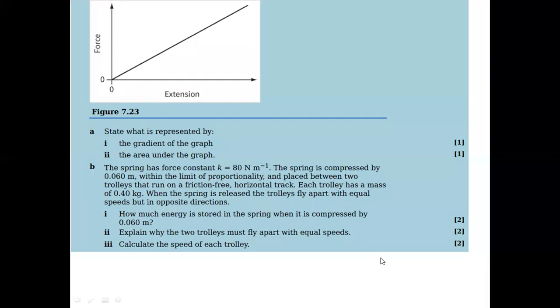That is the first question. We have seen that when we have an F-x graph, the gradient is always equal to the spring constant, which is basically K. It's going to tell us the stiffness of the spring, how stiff, how hard or how soft the spring is.